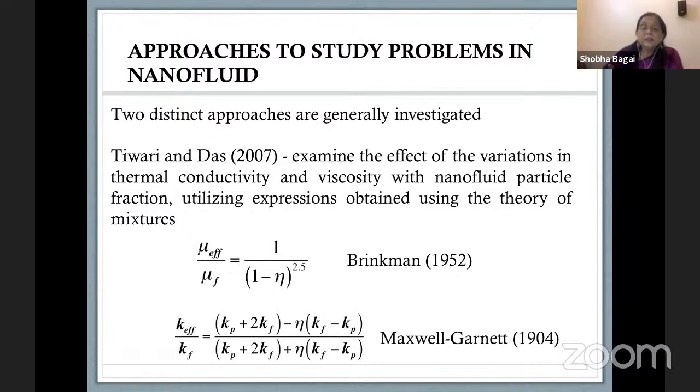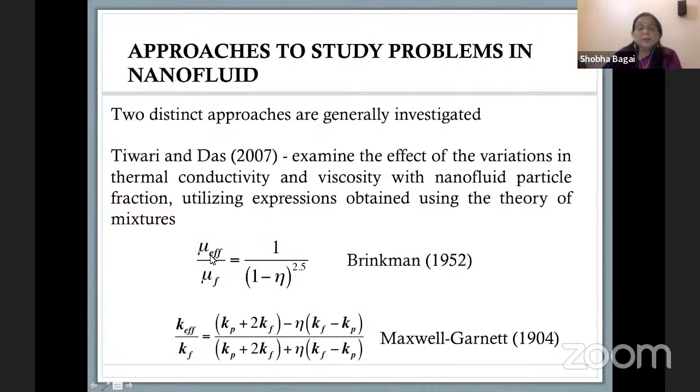And these were the expressions they used for the theory of mixture. The Brinkman's expression was basically used for the viscosity, and the Maxwell-Garnett's expression was basically used for the thermal conductivity.